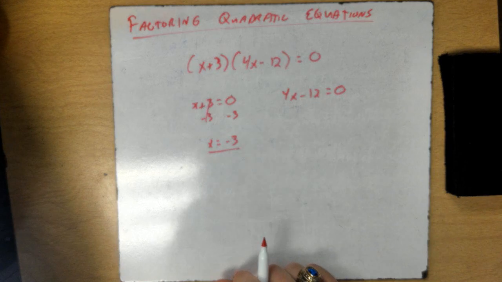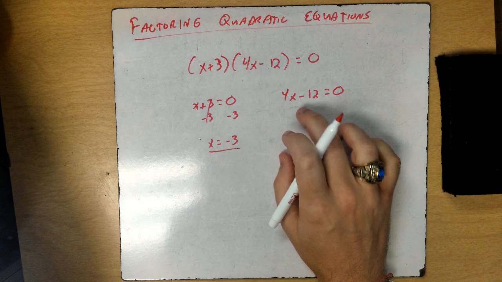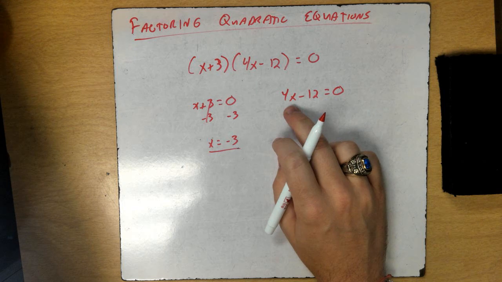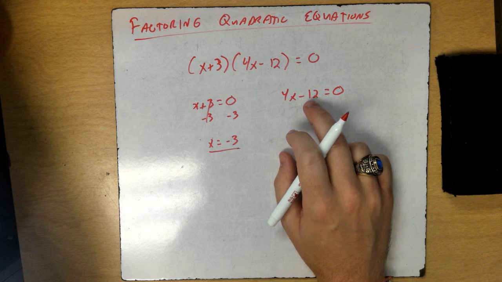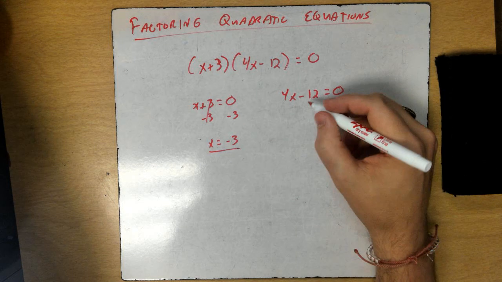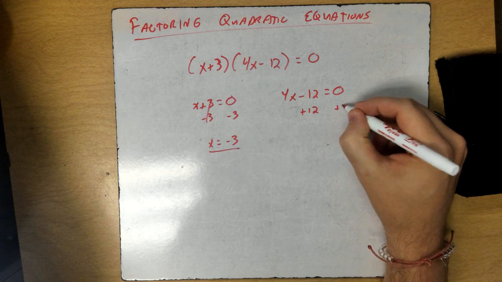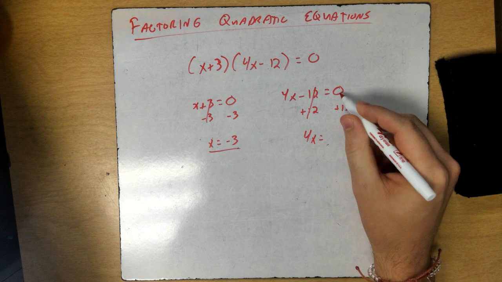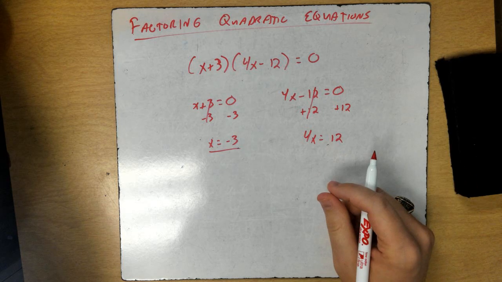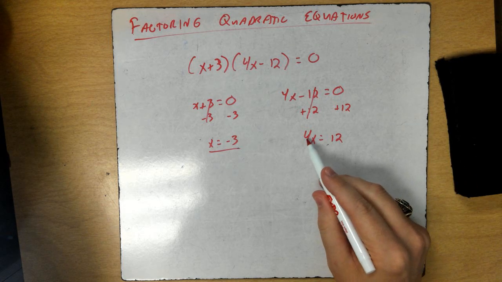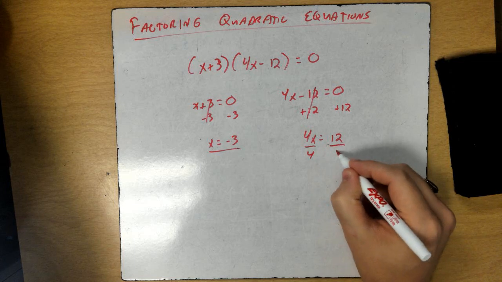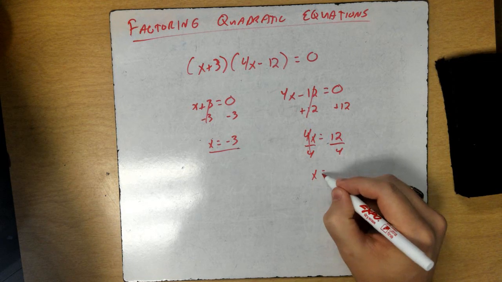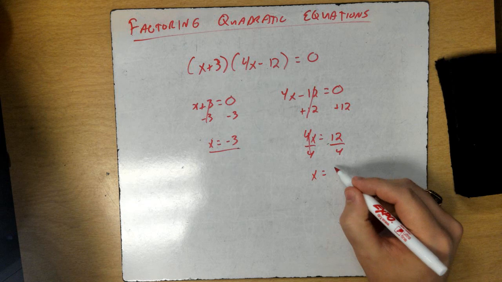And then our second equation, a two-step equation, to solve for x we have to move this 12 first, because it's minus, to cancel it out. We need to do plus 12 here, that cancels this. We bring down our 4x, and 0 plus 12 is 12. And our last step to get the x by itself, we divide by 4 on both sides, and x equals 12 divided by 4, which is 3.